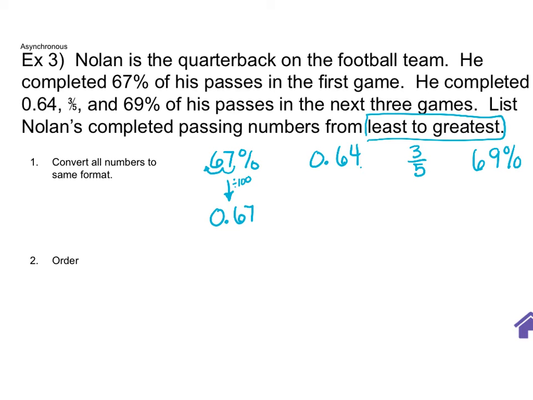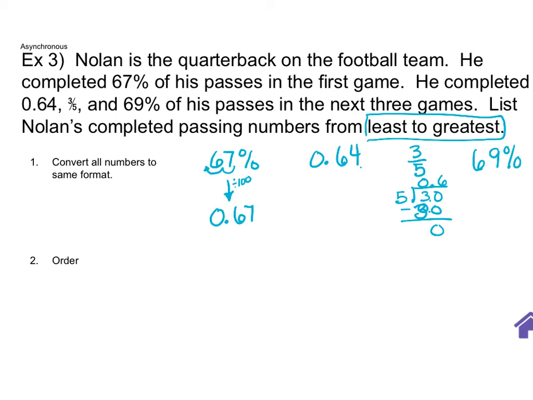The 3/5, sorry, I need to divide 3 by 5. You can do it in a calculator, or you can divide 3 by 5 here, and you would get 5 can't go into 3, but 5 can go into 30, and that would go 6 times, so it would be 0.6.